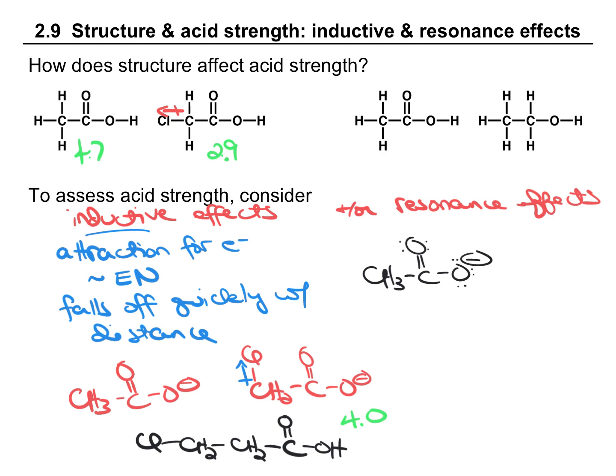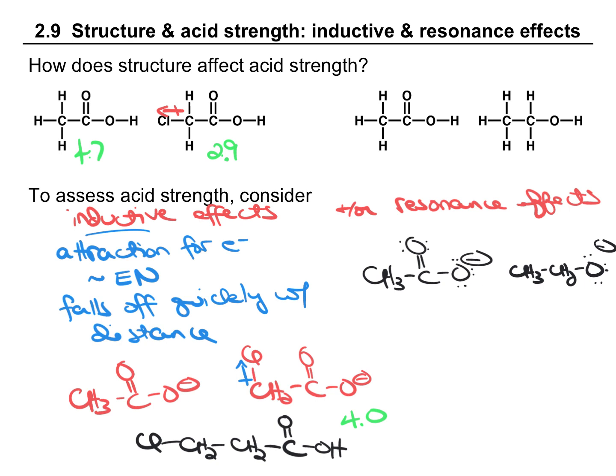Let's fill in those lone pairs. And over here, we have CH3CH2O minus. In this case, we have the negative charge on the oxygen. Oxygen's pretty electronegative, so that's okay. But that charge is just sitting there on the oxygen. Okay, these carbons aren't helping very much. Here, we have a negative charge also on the oxygen.